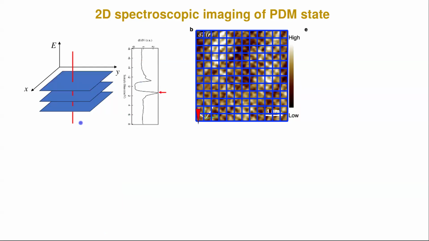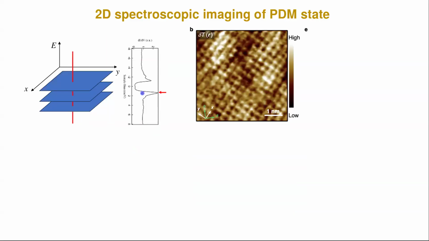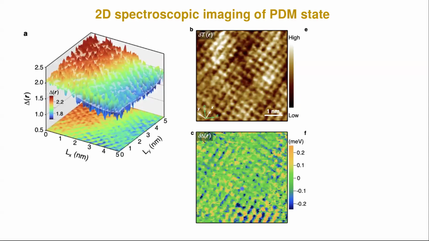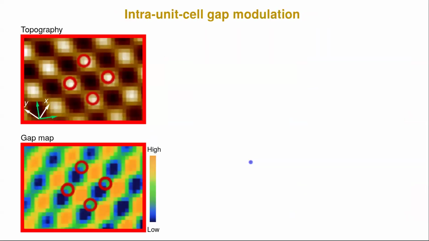But you can also track the size of the gap as a function of position. If you do that, you get two related images, but these images are not completely the same, as this lower map again shows the oscillating portion of the gap value.